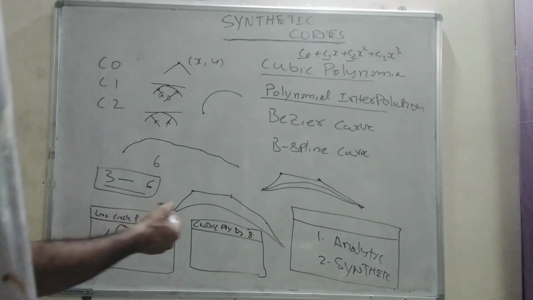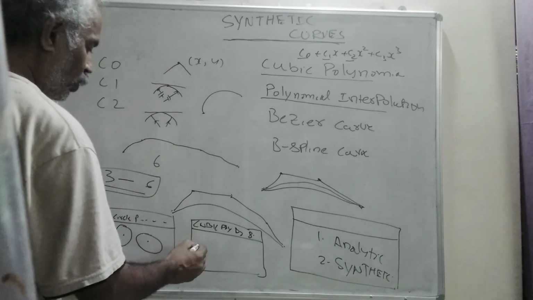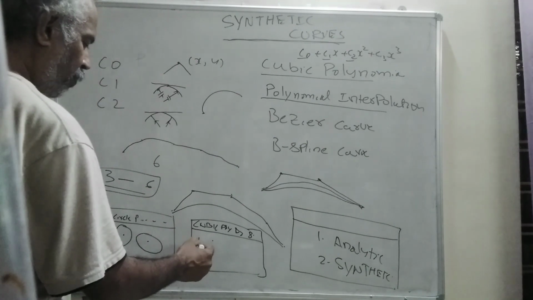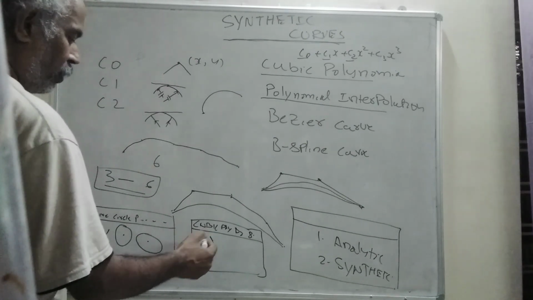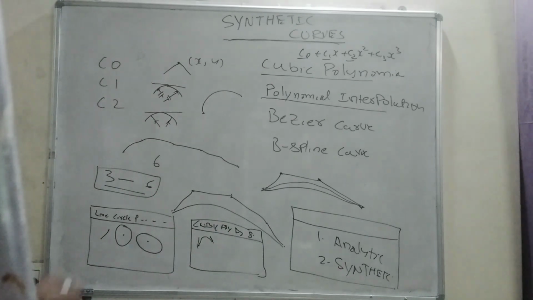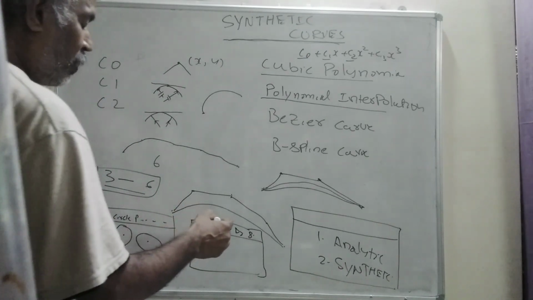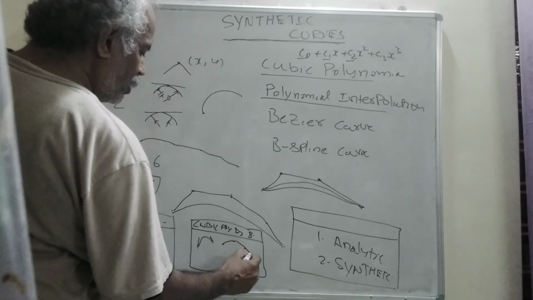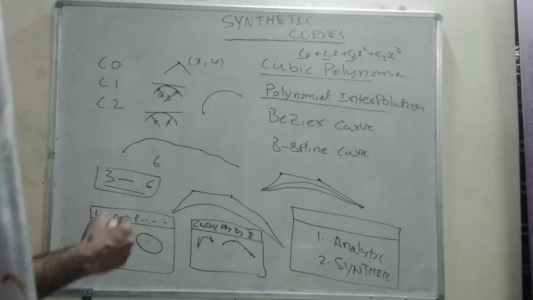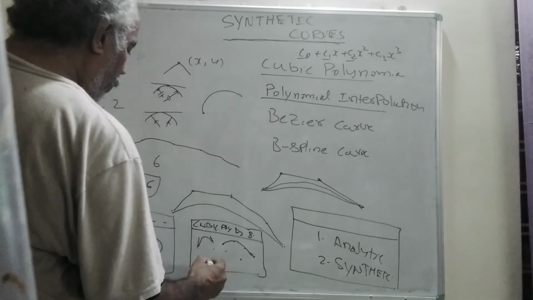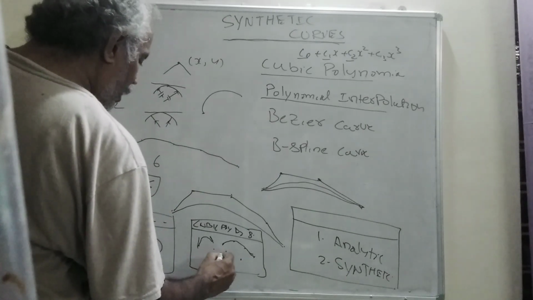If you go to the cubic polynomial, it will ask you to select 2 points and some tangent values, the input tangent and output tangent values, and it will draw a curve between these 2 points. If it is polynomial interpolation, select several points, and it will draw a polynomial joining all the points. And if you select a Bezier curve, it will ask you to select the control points, and between these control points, a Bezier curve can be drawn.